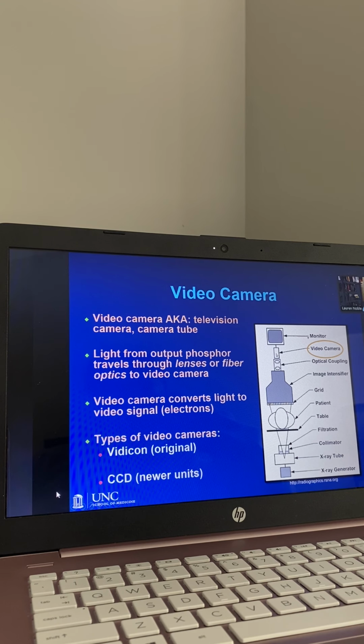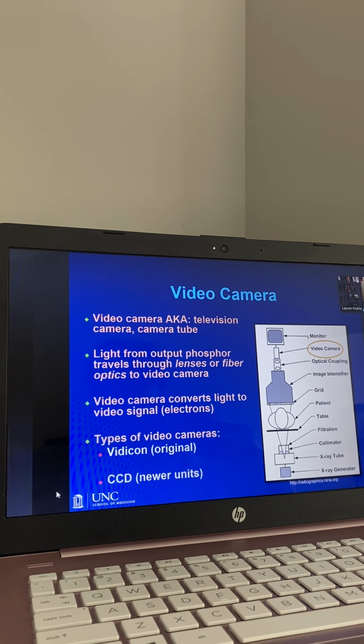That's the only way light can get into that video camera. What the video camera does is take that light and convert it into electrons, so it converts it into the electronic signal or a video signal.